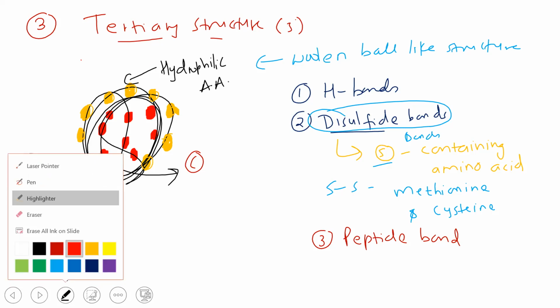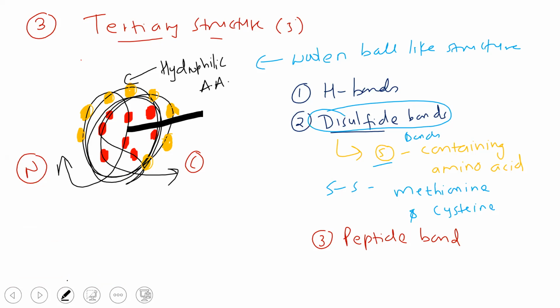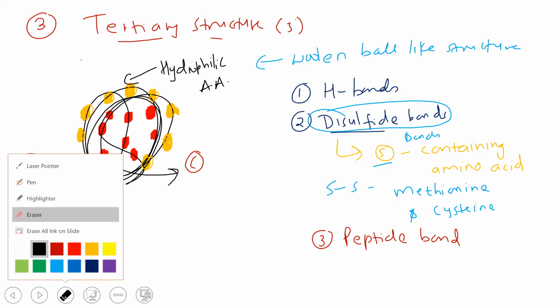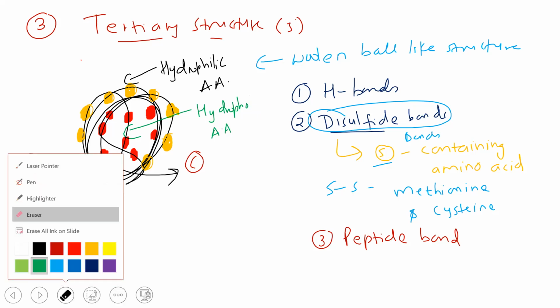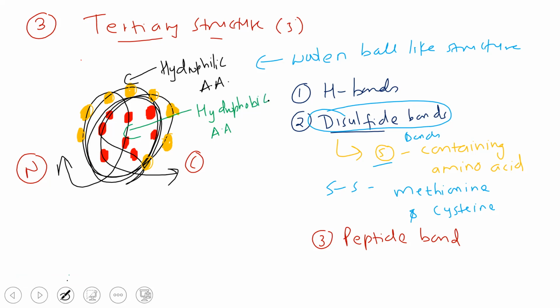On the inside of the polypeptide, you will see hydrophobic amino acids. Why? Water loving ones will be on the surface so that they can come in contact with H2O without any problem. But the hydrophobic ones are not water loving, they hate water, so they are on the inside. Those that hate water are inside, and those that can dissolve, which like water, are on the outside. That's why the structure is like that.